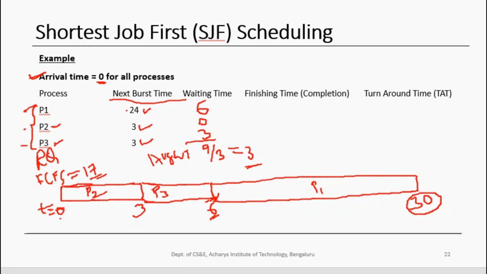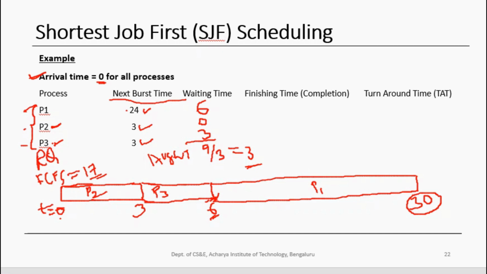It compares the next CPU burst time of all these processes. P2 and P3 have got the minimum or less. Unfortunately, in this case they are the same, therefore it uses FCFS to break the tie and selects P2 because it has made the request for CPU before P3, and P2 is given the CPU first, after that P3, then P1. So this is how the scheduling happens in shortest job first scheduling algorithm.